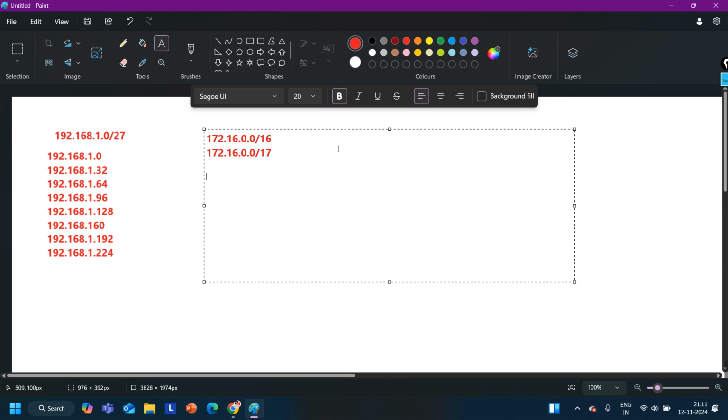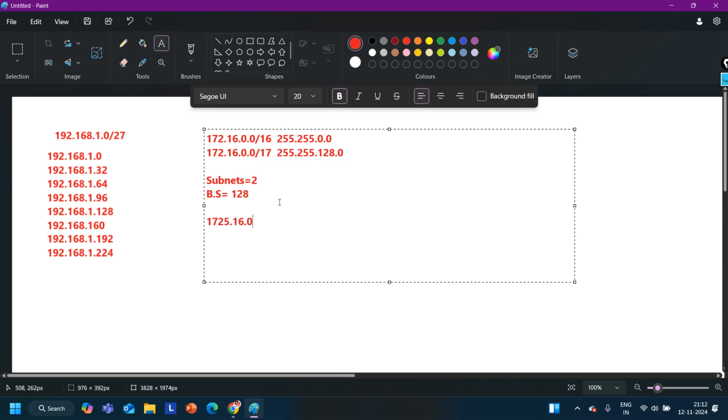And the block size is 128, because the subnet mask here is 255.255.128.0, whereas before it was 255.255.0.0.